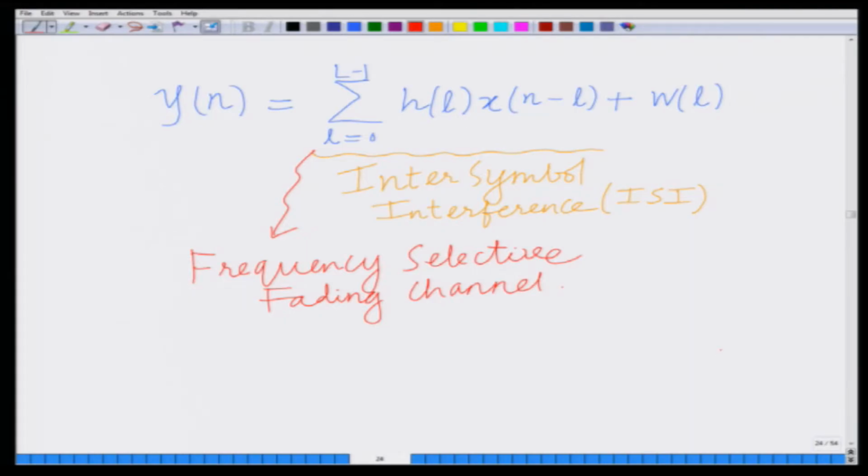Since frequency selective fading in the frequency domain, where the bandwidth of the signal, remember, is greater than the coherence bandwidth of the channel, this leads to frequency selective fading in the frequency domain, which basically implies inter-symbol interference in the time domain. So, therefore, this is a model for frequency selective fading.